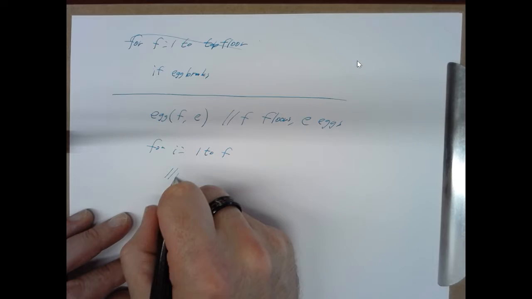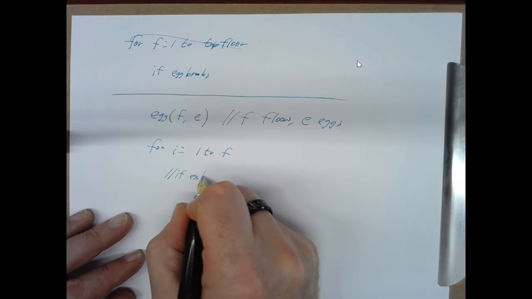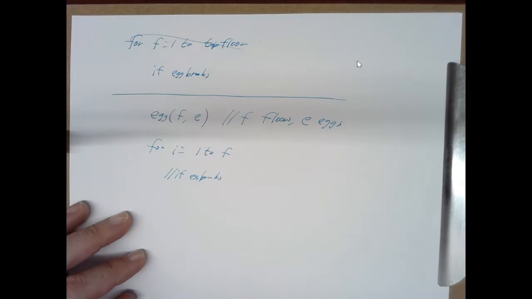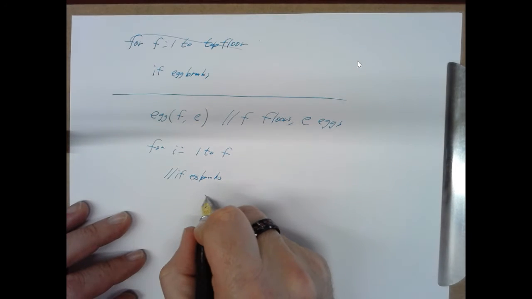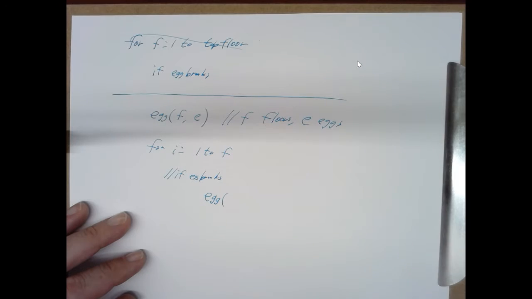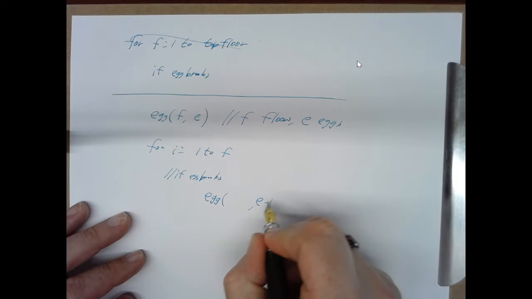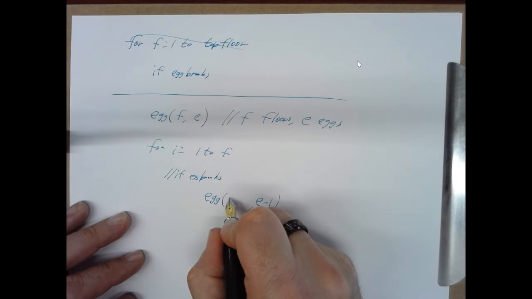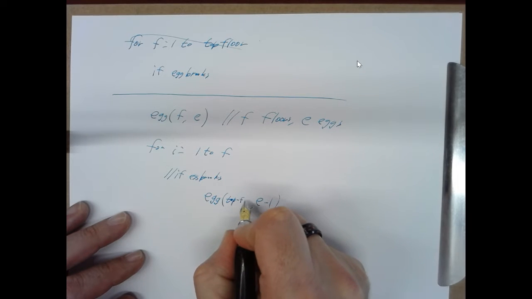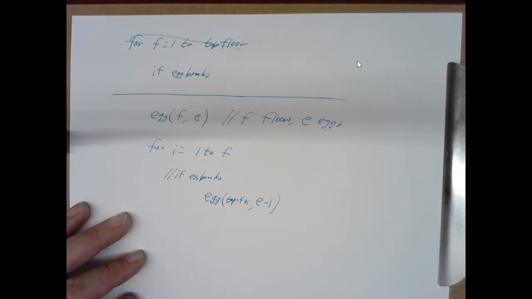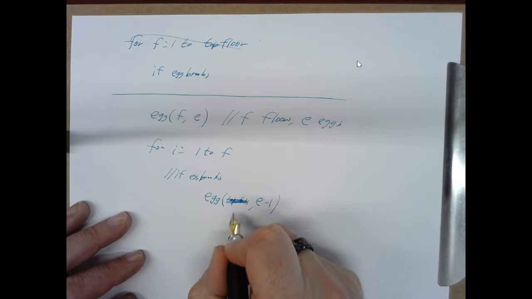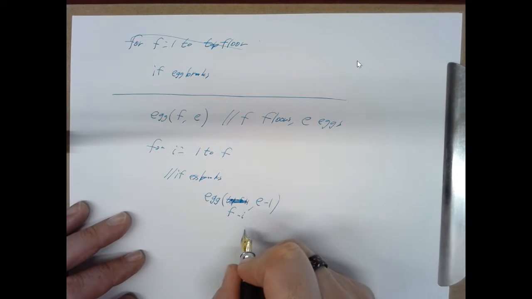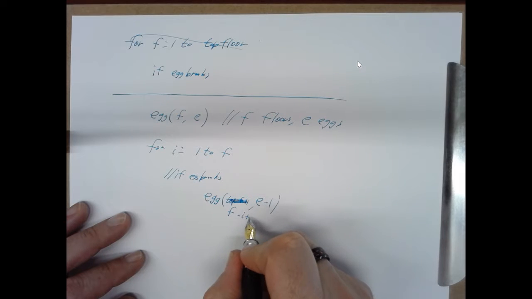Well, if the egg breaks, then we need to find out, given e minus 1 eggs, how many experiments do we need for top minus f plus 1. Sorry. Number of floors minus i plus 1.